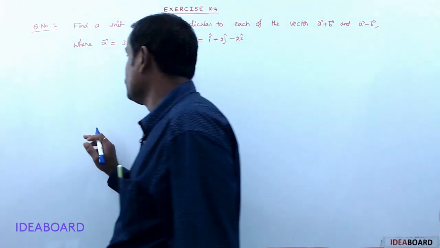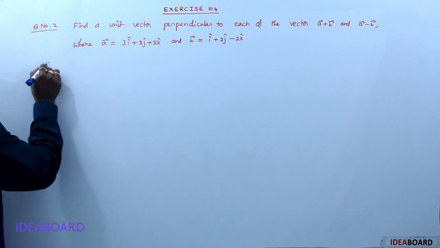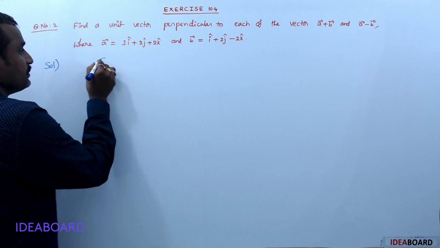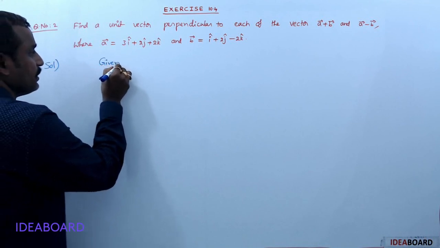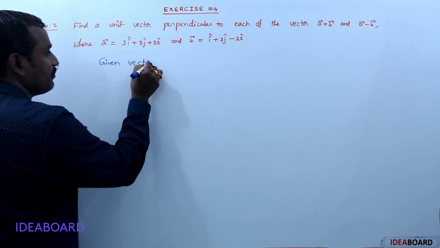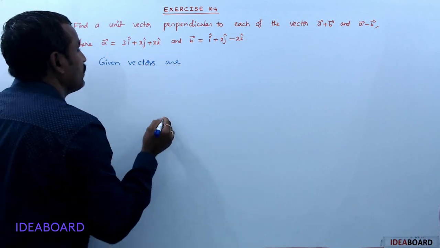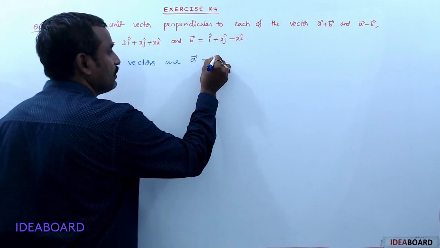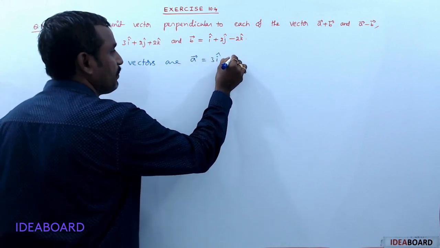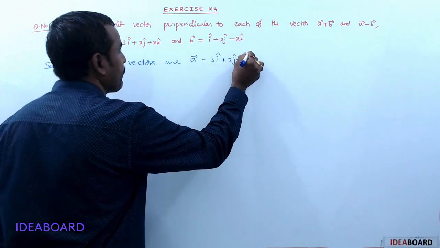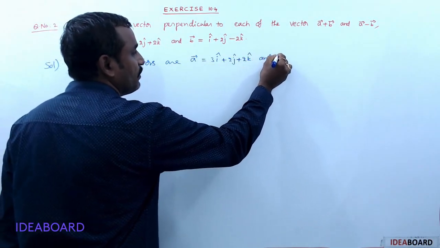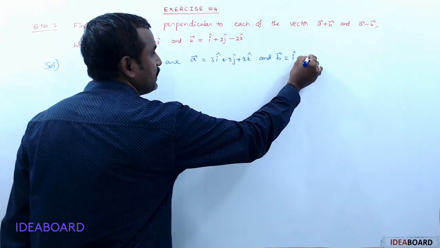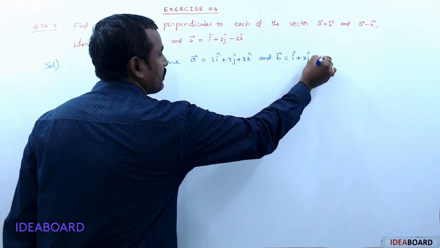So now the solution for this. First you take the given vectors. Given vectors are a bar is equal to 3i cap plus 2j cap plus 2k cap and b bar is equal to i cap plus 2j cap minus 2k cap.